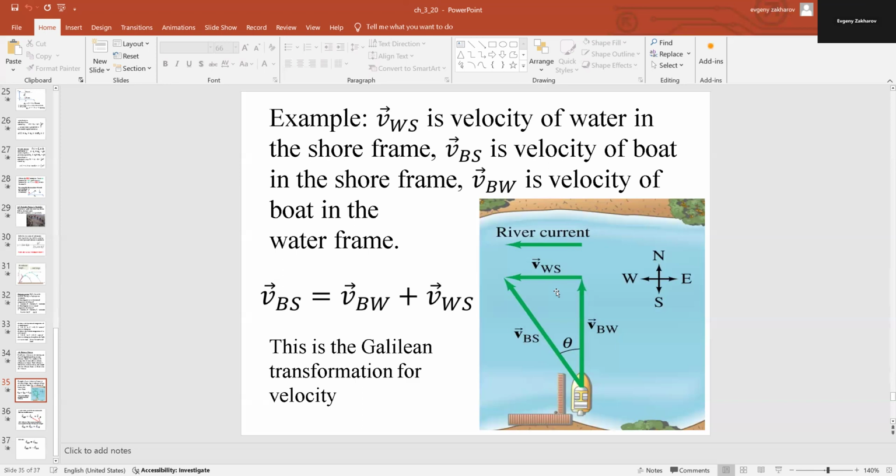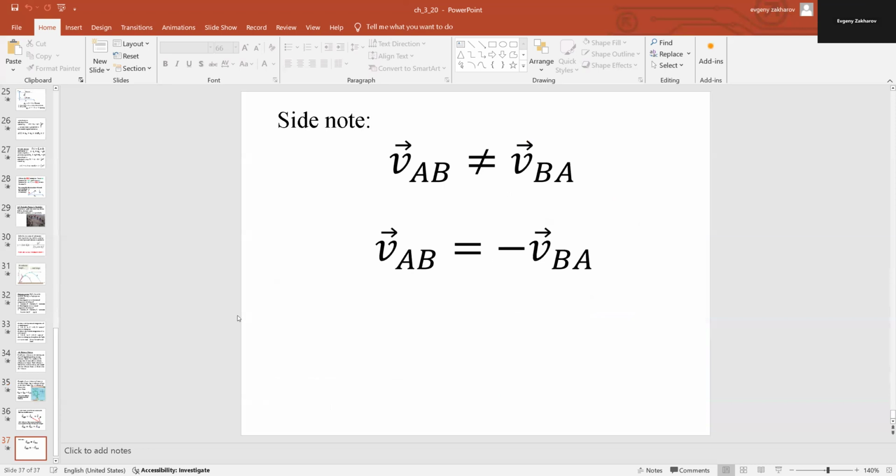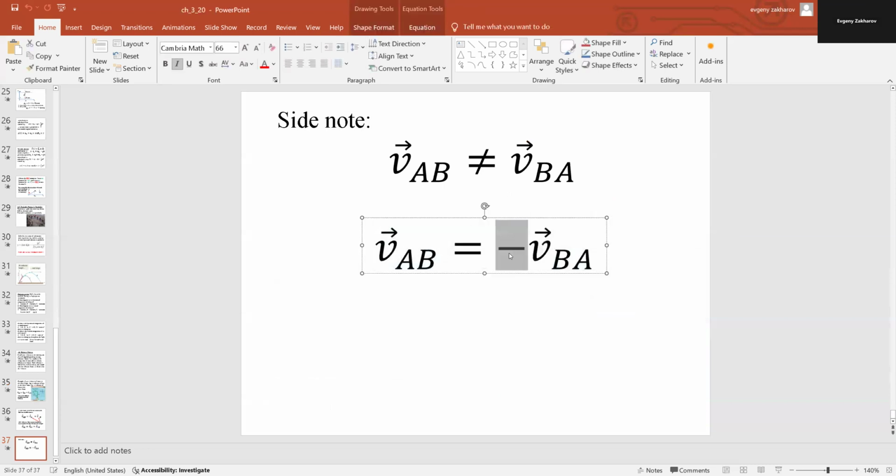So the point is, if you got water with respect to the shore in one direction, then shore with respect to the water will go in the opposite direction. And if you still want to equalize them, set them equal to each other, you have to add a negative sign in front.